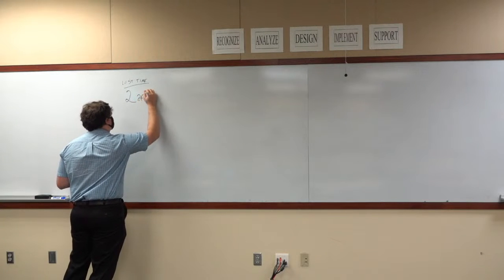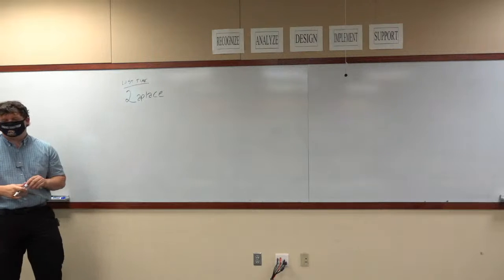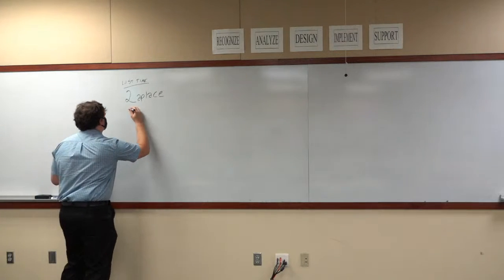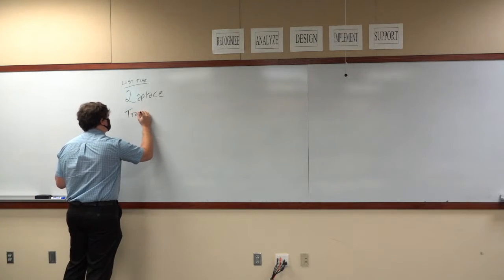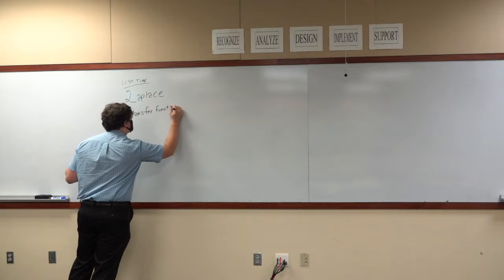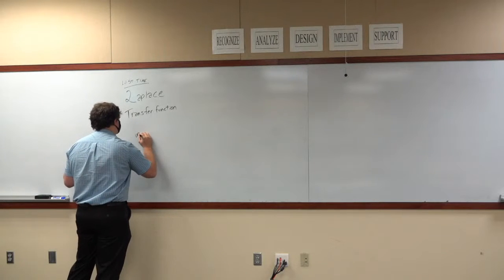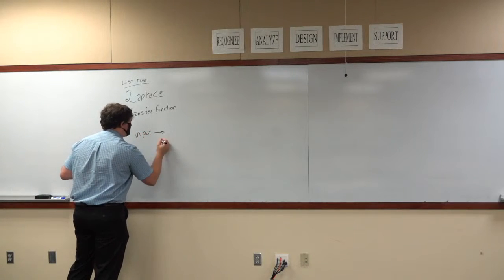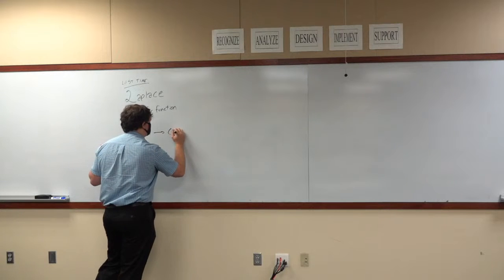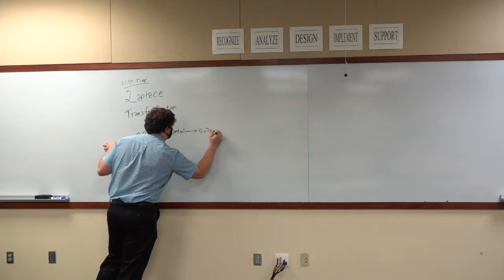Good old Laplace. Okay, and we also discussed the idea of a transfer function. Once again, the input goes into some kind of a control, it's modified, and then goes to output.